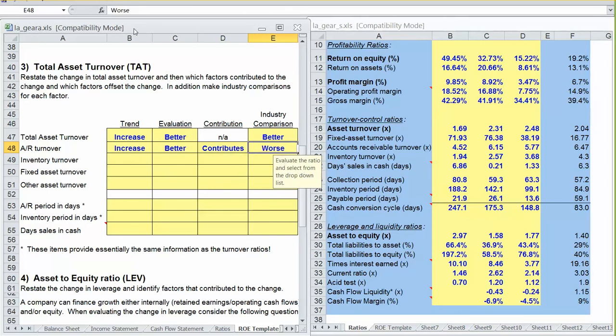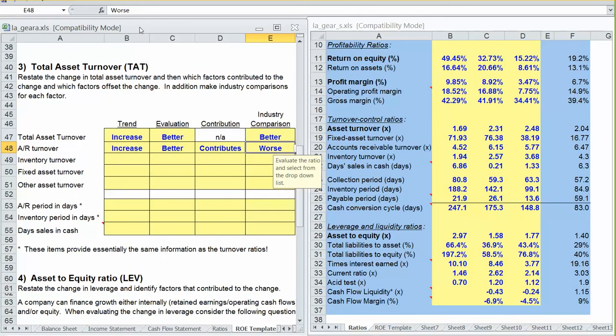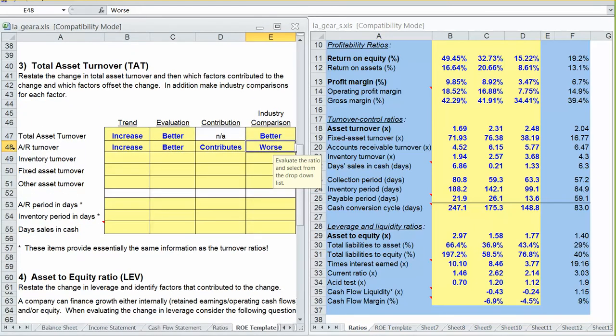Now, your preference, you can either talk about turnover ratios for things like accounts receivable, or you can talk about accounts receivable period in days. Our AR period in days went from 80 to 63. It decreased, but in terms of evaluation, we're collecting faster. It's the same evaluation. That's better.